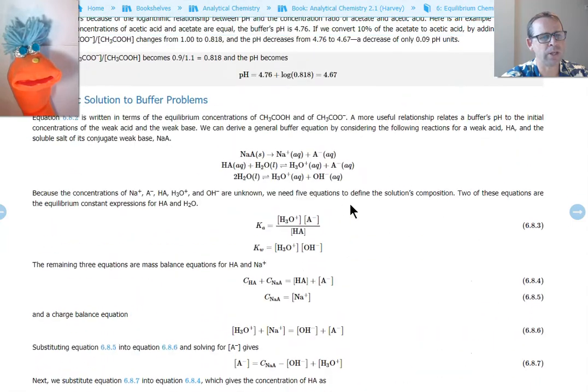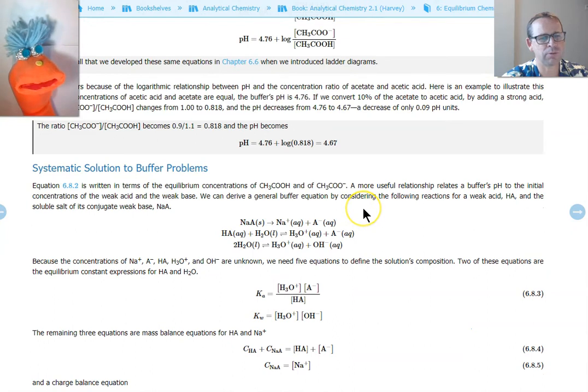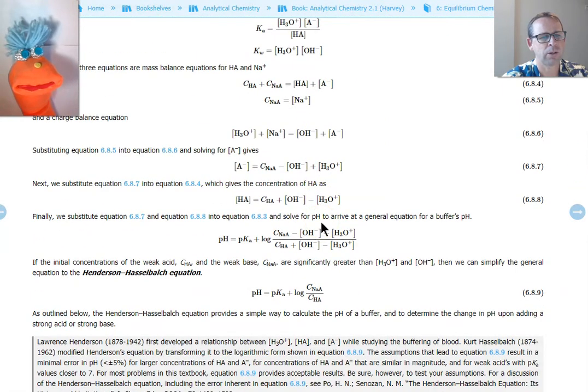We can also use a systematic approach to the solution of buffer problems, where we again get multiple K expressions and the appropriate mass and charge balances necessary to get the number of variables equal to the number of equations.